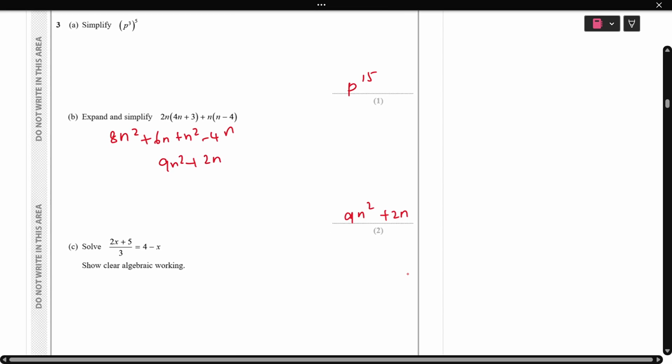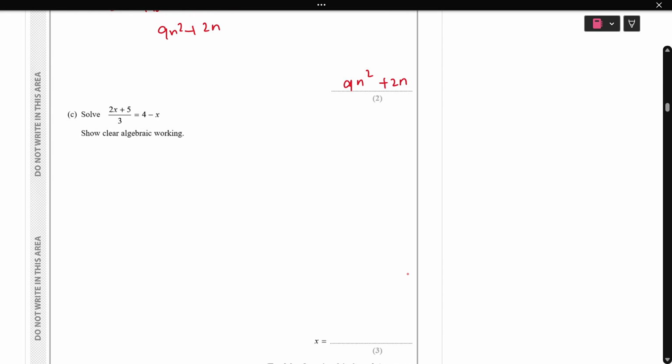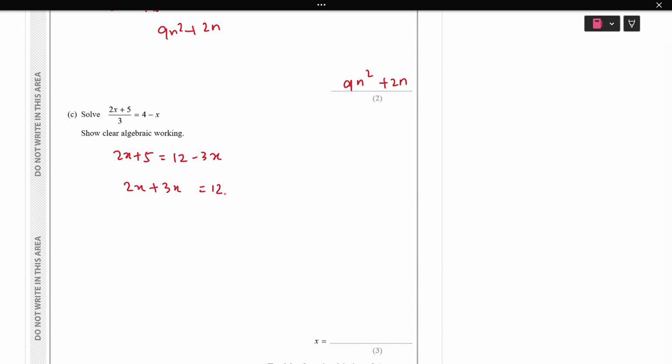The next one, solve for x. First we bring 3 to the other side, which is 2x plus 5 equals 12 minus 3x. So I'll bring 3x here: 2x plus 3x equals 12 minus 5. So 5x equals 7, x equals 7 over 5. The answer is 7 over 5.